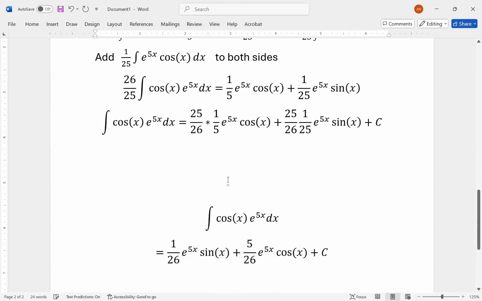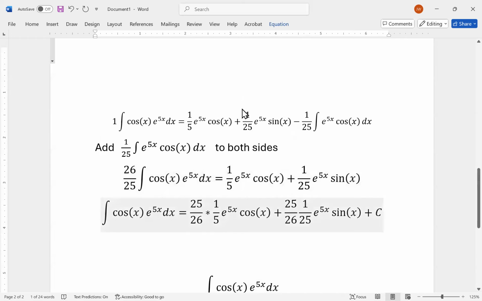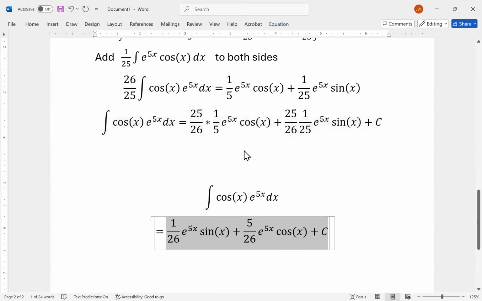So whichever path you choose, it will end up with the same answer in the end. But it might have different numbers along the way, different coefficients that I have to deal with.